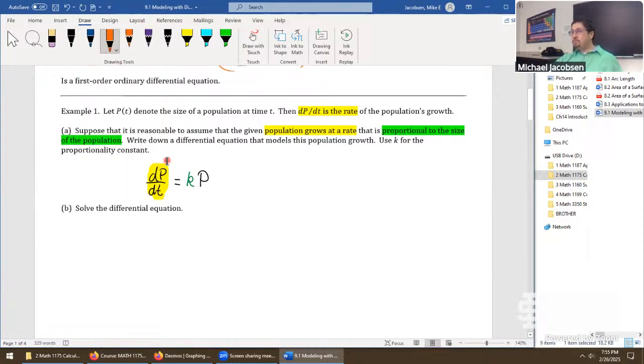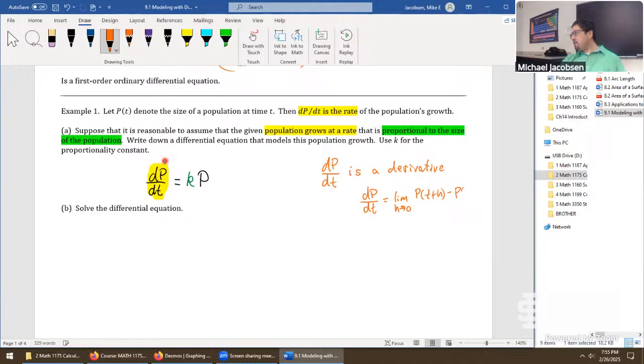Calling it a differential equation right now is appropriate, even though dP/dt is a derivative. That means if we were to write down the formula for dP/dt, we would write dP/dt is the limit as h goes to 0 of P of t plus h minus P of t, divided by h.